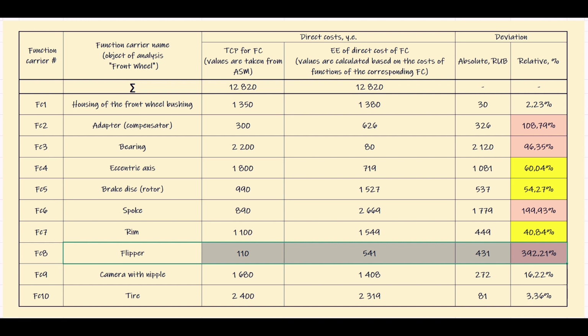There are also no such significant discrepancies for the upper-level abstract structural model, see bicycle, due to the fact that all elements in the first approximation are equal in terms of the level of constructive complexity and the number of functions that can be assigned to them.